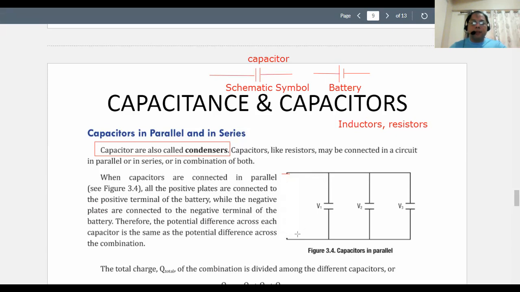So how do we attach a battery on this end? You can have some long and short lines to denote a battery on this end. So this is your long, short lines. The long line is an indication of the positive side. The short line is an indication of the negative side.